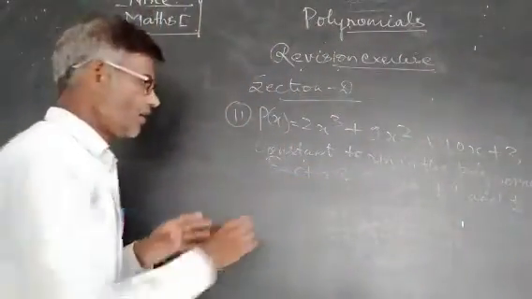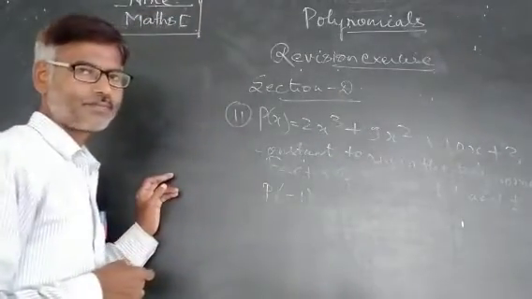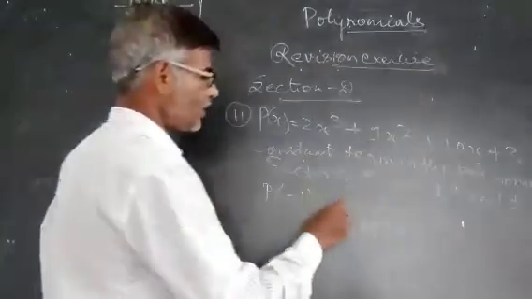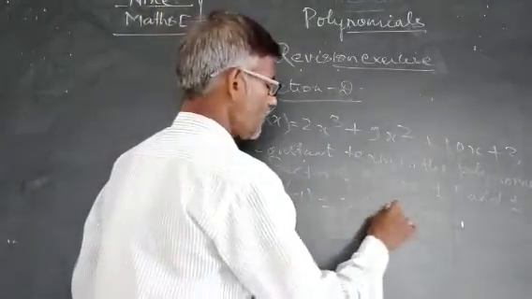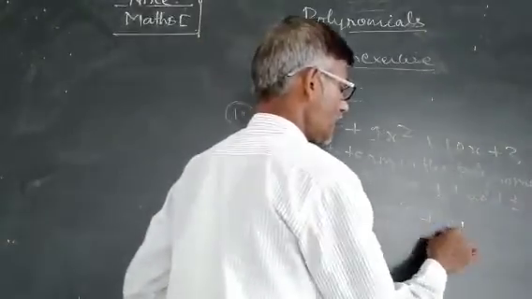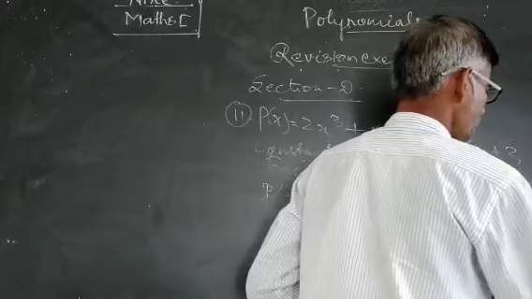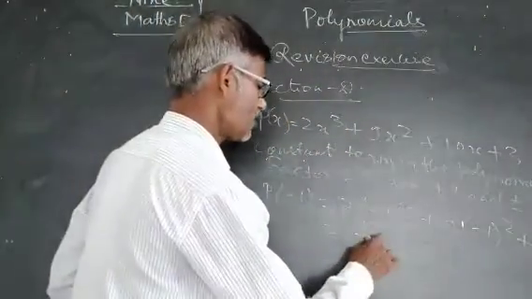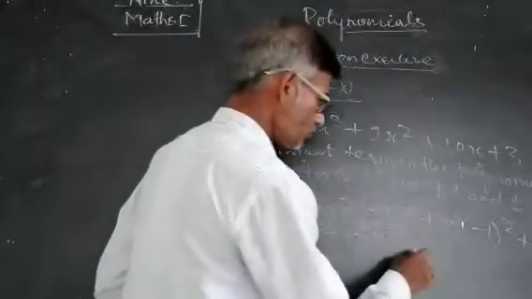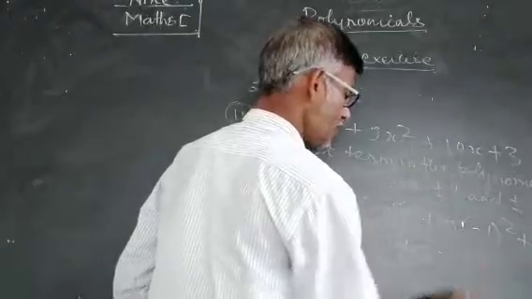Means taking x equal to minus 1, the value of p(minus 1) becomes 0. 2 into minus 1 cubed plus 9 into minus 1 squared plus 10 into minus 1 plus 3. Simplify it further, it will become minus 2 plus 9 minus 10, okay? Plus 3.